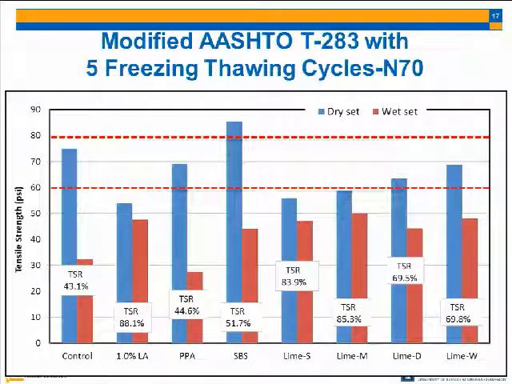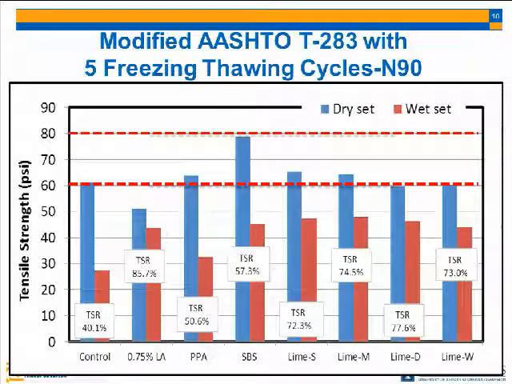It is obvious that the liquid anti-strip and lime, although they didn't give us a very good dry tensile strength, were able to maintain a very good wet tensile strength after the 5 freezing and thawing cycles. The only 2 mixes that passed the 85% threshold were the liquid anti-strip and the lime marination.